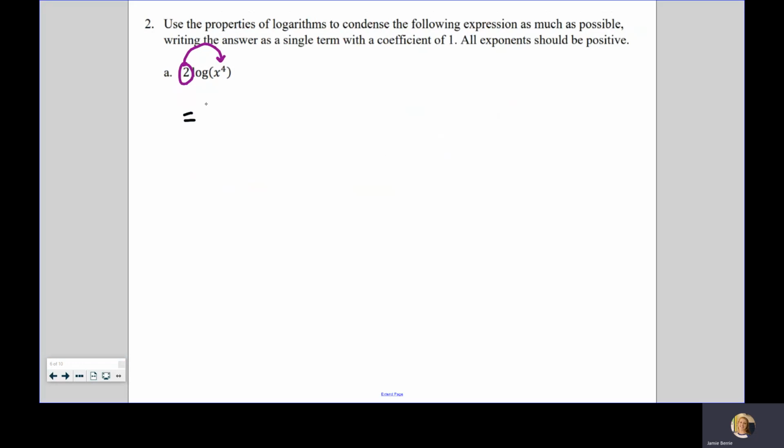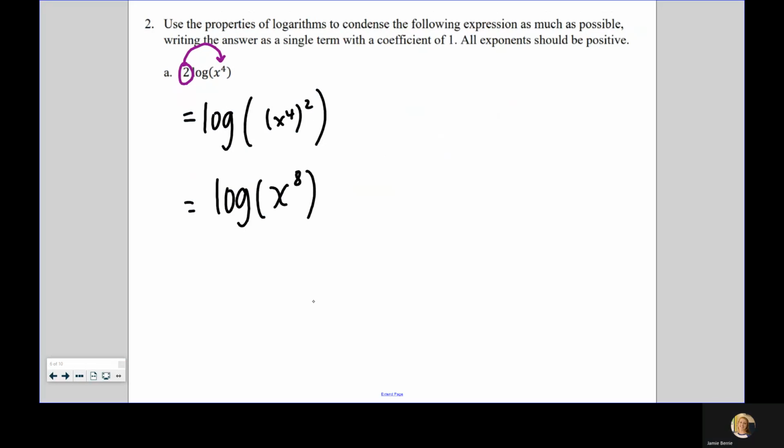So this would become log of x to the 4th squared. We have a power to a power, so go ahead and simplify that. That would be log of x to the 4 times 2, which is 8. And you're done. We've written the answer as a single term. We have a coefficient of 1. Exponents are positive, so we're done.